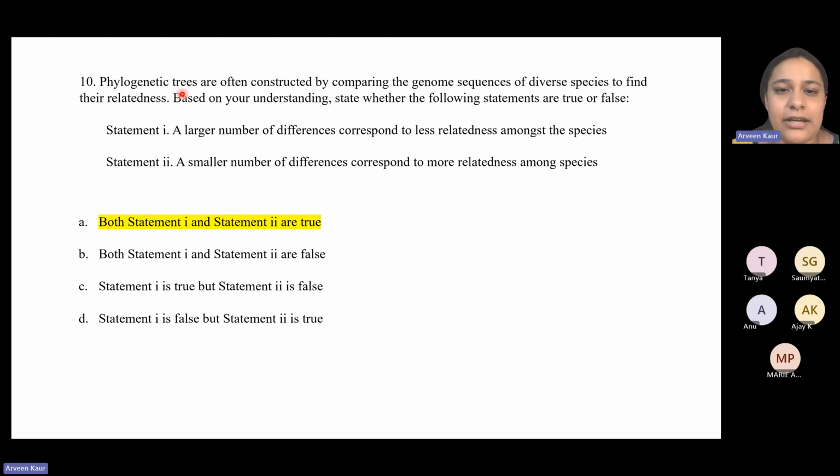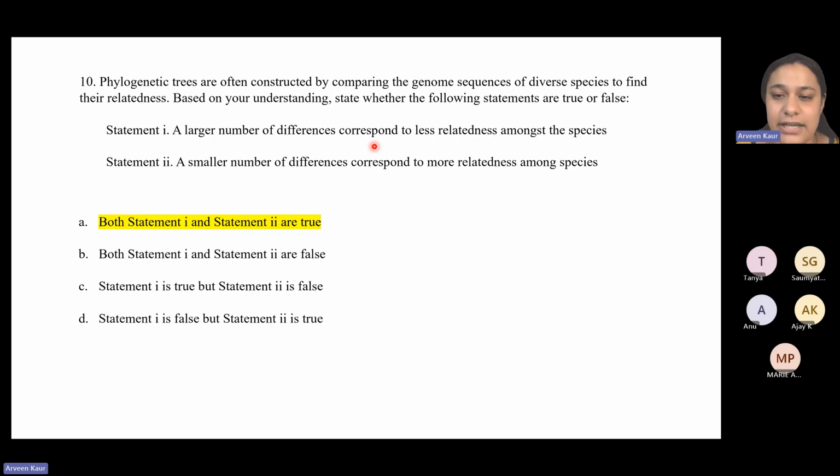We hypothesize that based on sequence similarity, right? So when we construct them, we hypothesize that larger number of differences correspond to less relatedness and smaller number of differences correspond to more relatedness.